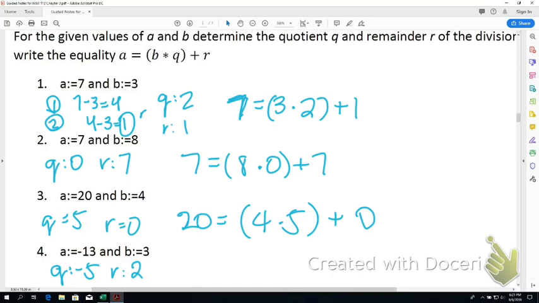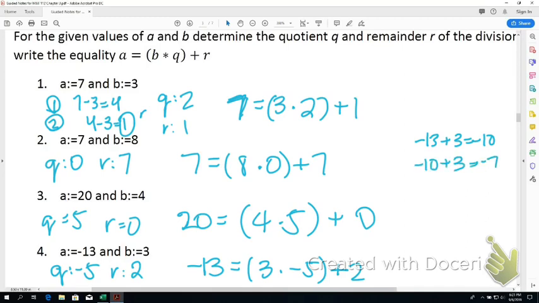So then if I wrote it as an equation, -13 equals 3 times Q, which is -5, plus 2. And for those of you who want to see the addition for number 4, you would do negative 13 plus 3 and get negative 10. Negative 10 plus 3 is negative 7.